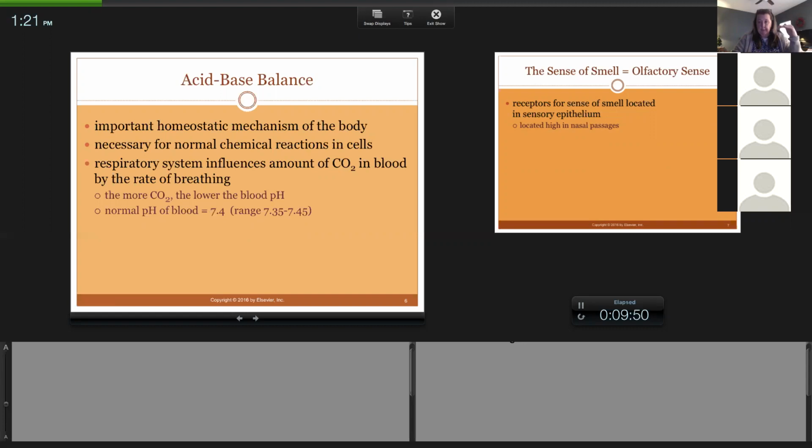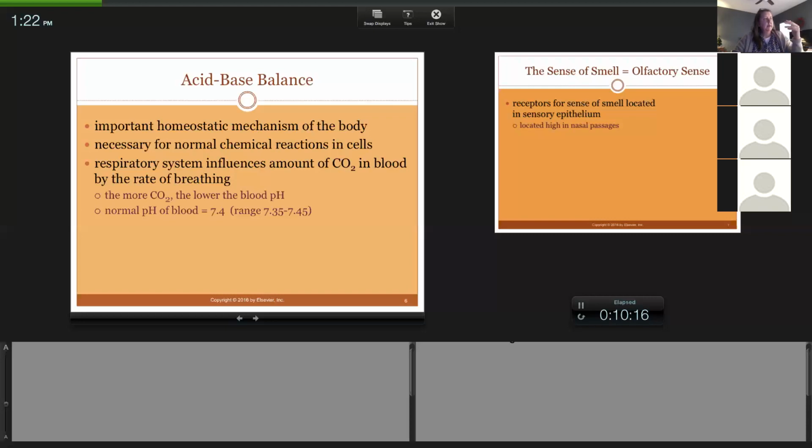It can go 7.35 to 7.45, but I want you to know 7.4. If it's below 7.4, it's becoming acidic. If it's above 7.4, it's becoming alkalotic. You don't want it too high or too low. We want it in that 7.4 range.